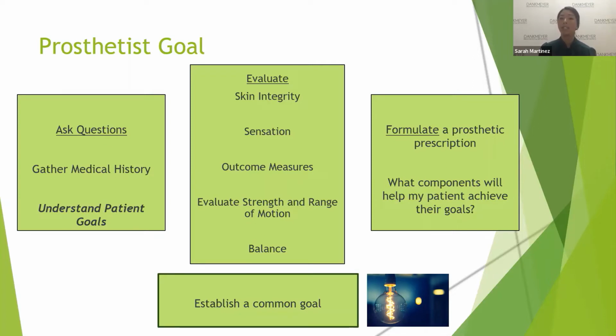So sensation, do they have excessive pain or do they have no sensation at all? That's also very important for us to know so that we can educate our patients appropriately on what to look for once they do start wearing the prosthesis.